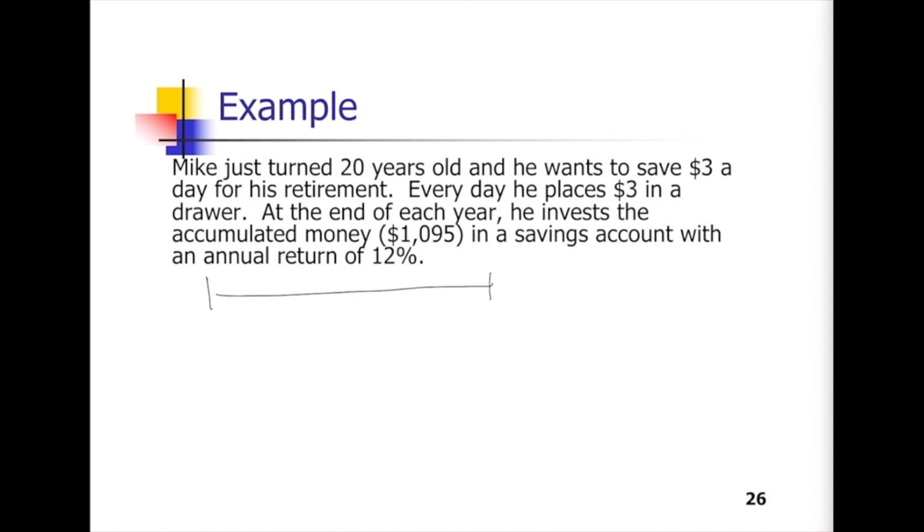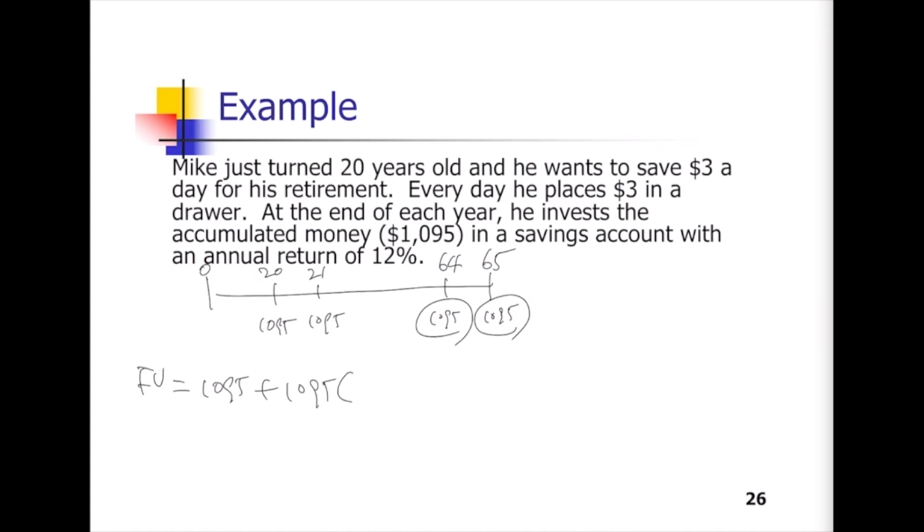So drawing the timeline: at 0 he is born, then 20 years old, 21, and 64 and 65, and he deposits this amount of money to the bank, right? How can he calculate the future value? This money is this, and this money grows to this amount.